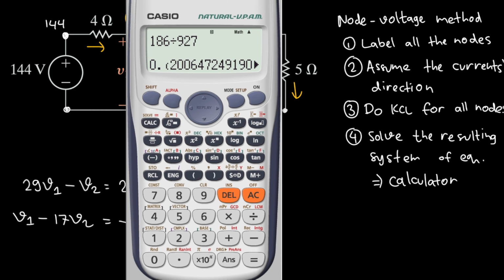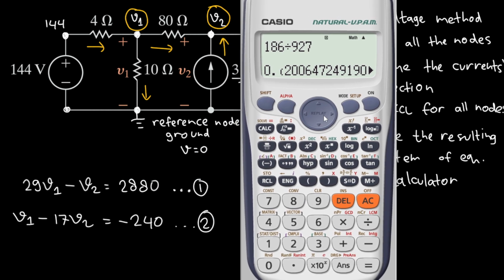Okay, and this is my Casio calculator. We can set this up as equation solver, which is this button here. And equation solver is number 5. And then we have 2 variables, so we will choose the number 1 here. Okay, and what we need to do is just plug in the coefficients.